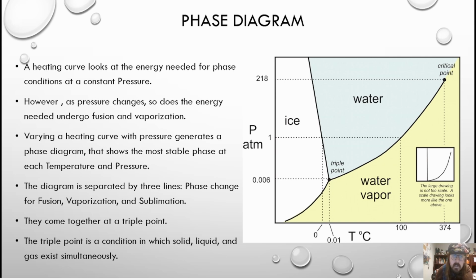So the diagram is separated by 3 lines, typically. Line 1 is the phase change for fusion. So what it takes to melt a solid or freeze a liquid. It doesn't look at the energy associated, just at what temperature it can occur typically.